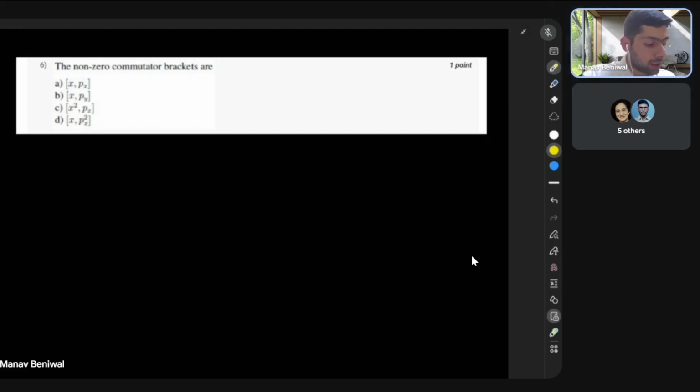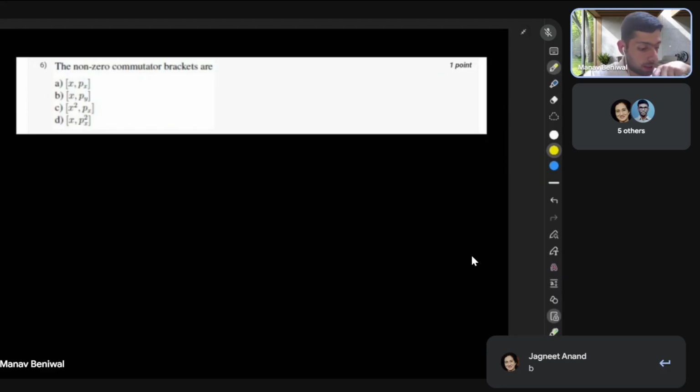So the next problem we have is regarding our commutator brackets. The question asks, the non-zero commutator brackets are. Let's go step by step.